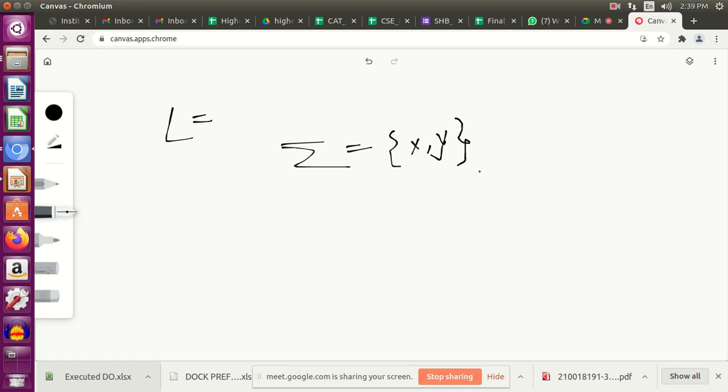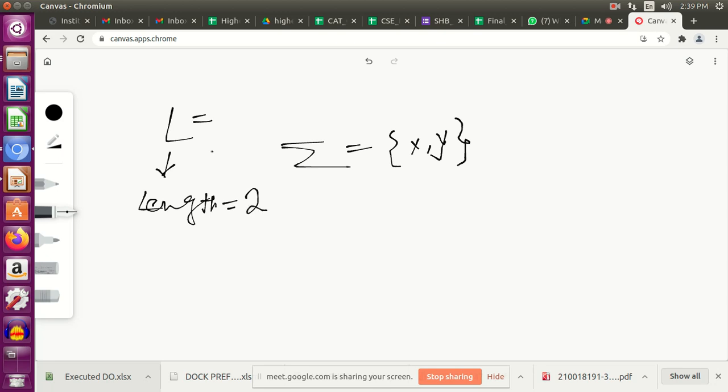Okay? Now, suppose my language says that it contains all the strings whose length is 2. I am not writing it over here. All strings, I'll just write length is equal to 2. Okay? Length is equal to 2.